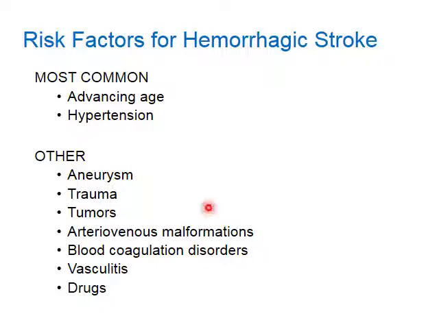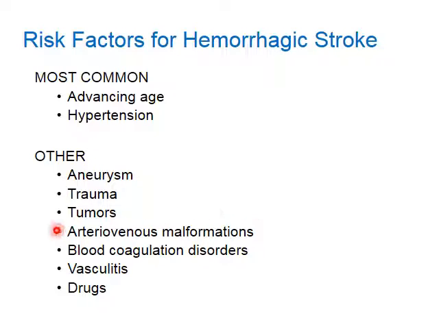Most common risk factors: advancing age, hypertension, and then aneurysms, trauma, tumors, AVMs, which are basically a malformation where you have veins attached right into arteries with no tissue between the two of them. So it's really an aberration or a malformation that happens.